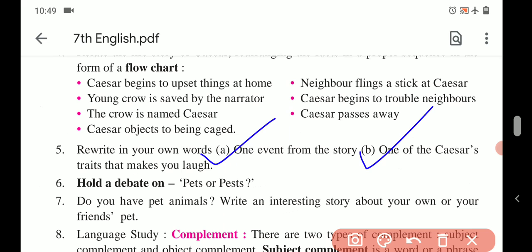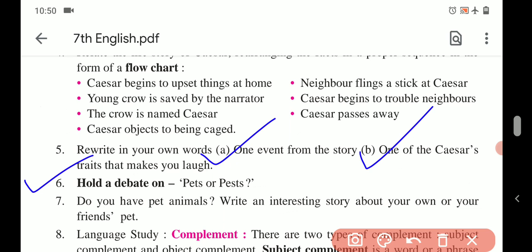You can think of and write. Next, hold a debate on pets or pests. Pets is the term for pet animals, and pests are the persons or animals which annoy you and make you angry.